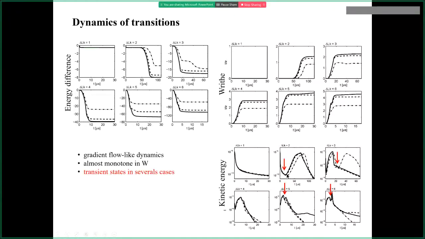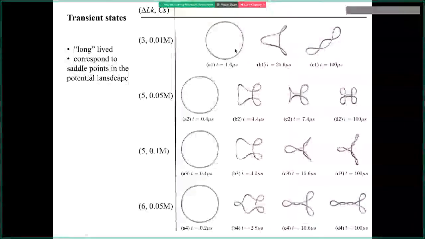So we have transient states here in the dynamics, which correspond to these local minima of kinetic energy. If we want to look into what the transient states are in some of these trajectories, they represent what we described as saddle nodes at the end of the previous session.